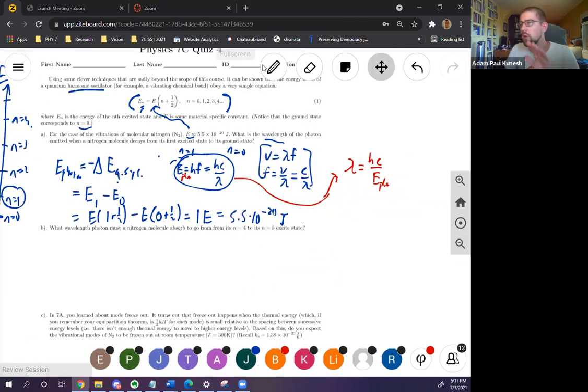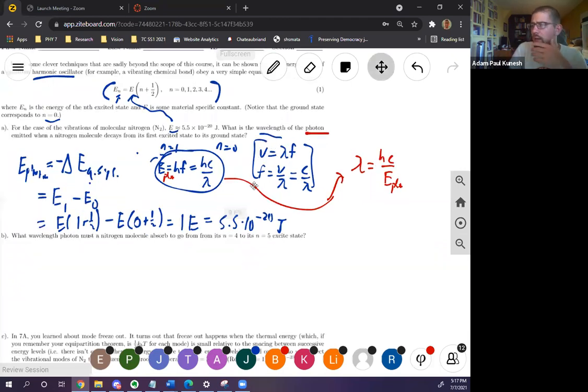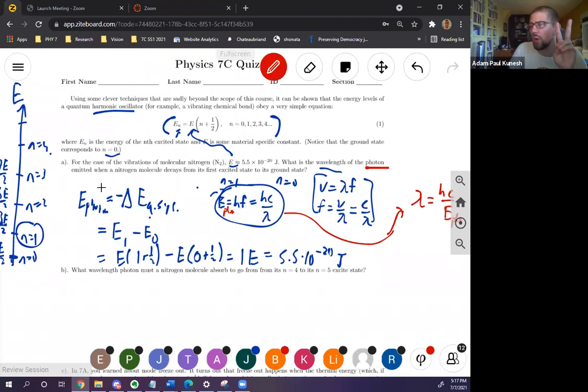But first, a quick broad strokes. How do we approach this problem? Step 1, identify that it's the photoelectric effect. So I noticed that there's both talk of a photon, light waves, and talk of a quantum system. Probably going to be a photoelectric effect problem. Next thing I did was I assembled 2 equations.